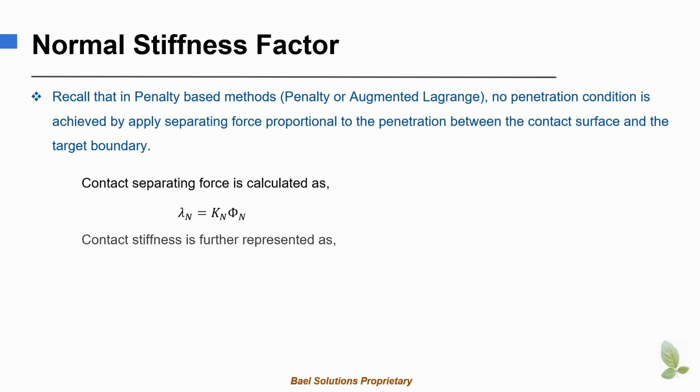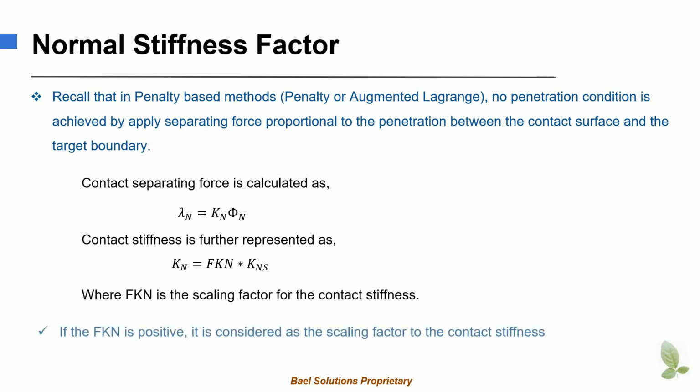The contact stiffness is further represented as Kn equal to Fkn multiplied by Kns, where Kns is the contact stiffness and Fkn is the scaling factor. Fkn can take only positive values.